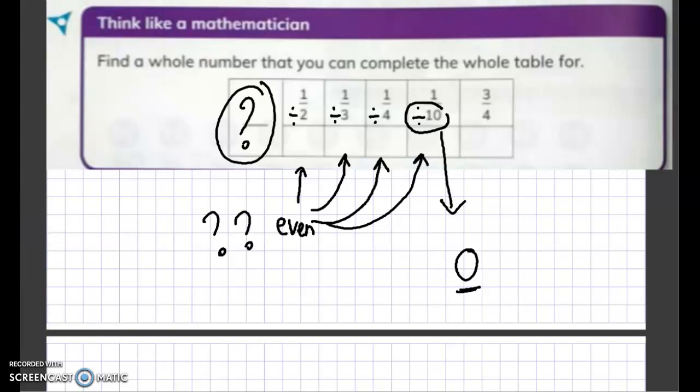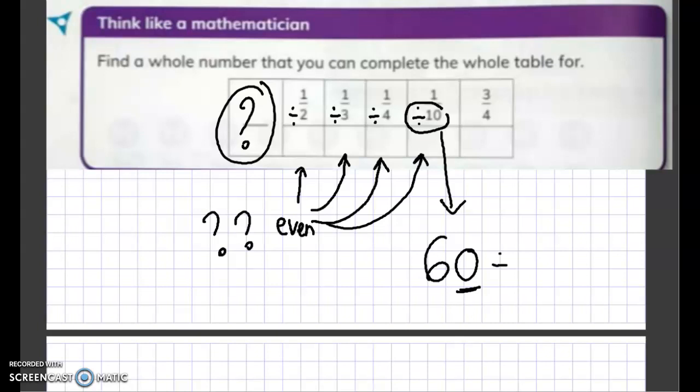How about 50? Not also. 50 cannot be divided by 3 or 4. Does not go into it. Let's try 60. Okay, 60 can be divided by 2, can be divided by 3, no remainder. Can it be divided by 4?